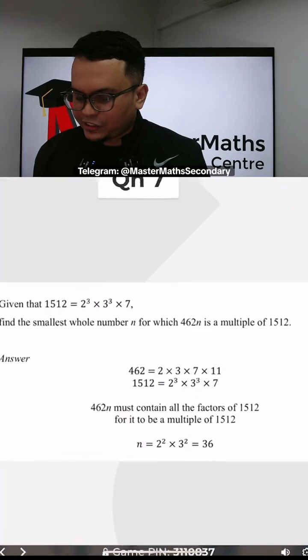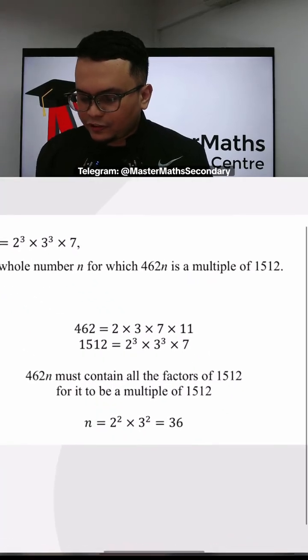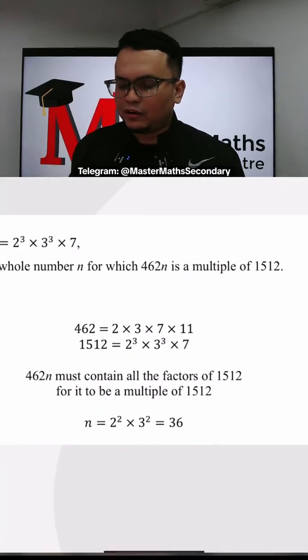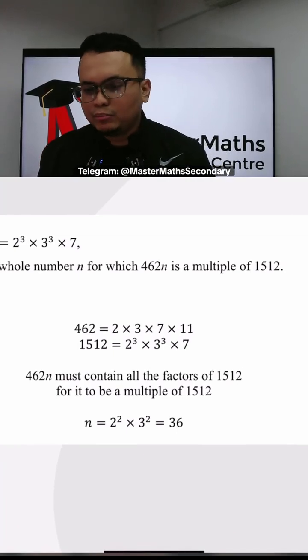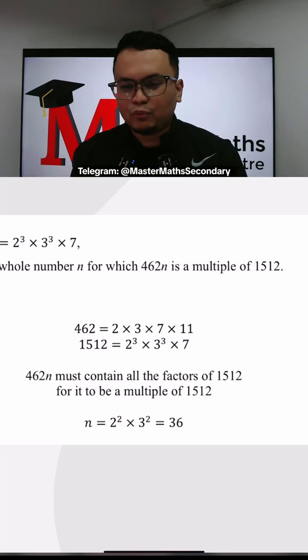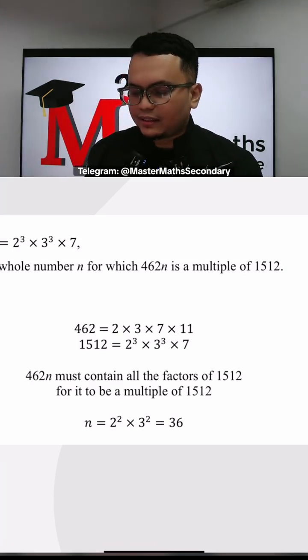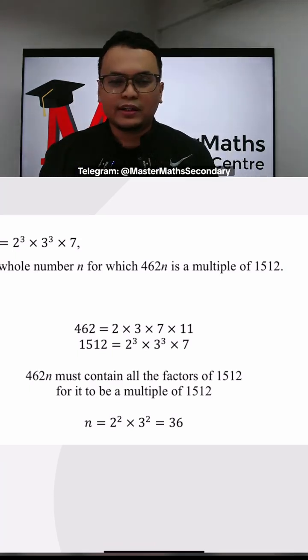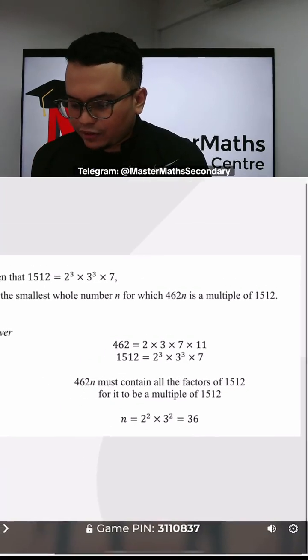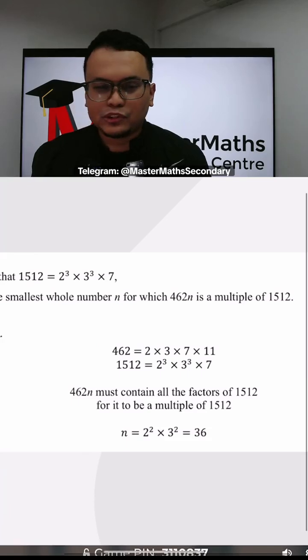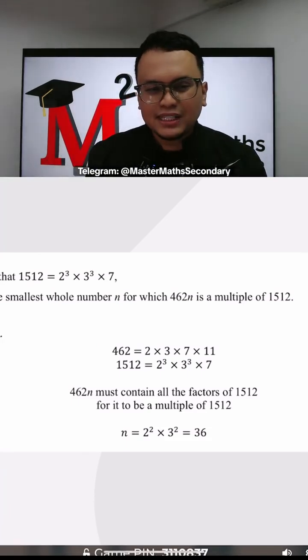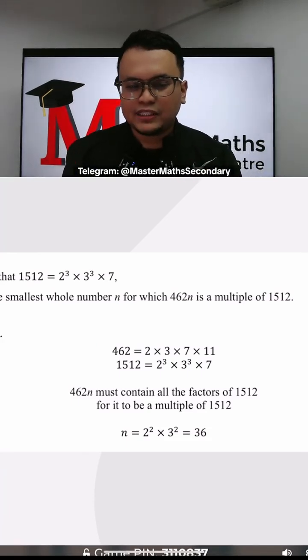Now, as I mentioned just now, for 462n to be a multiple of 1512, you must have the factors of 1512 inside the 462n. In other words, 1512 is made up of 2 cubed times 3 cubed times 7. You must see this inside that 462n.